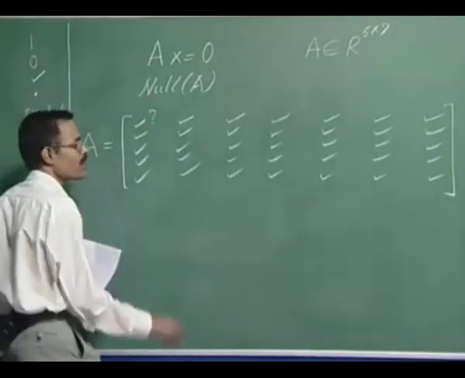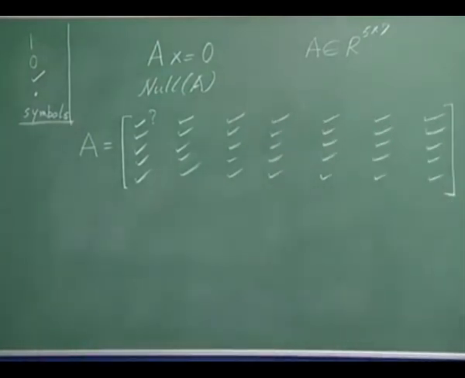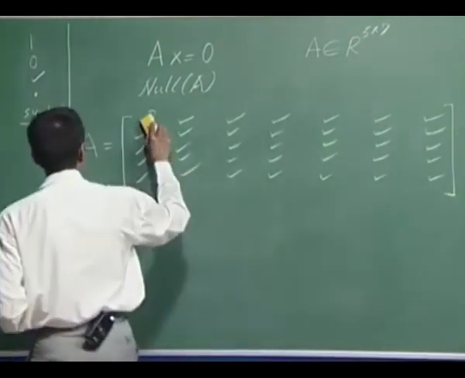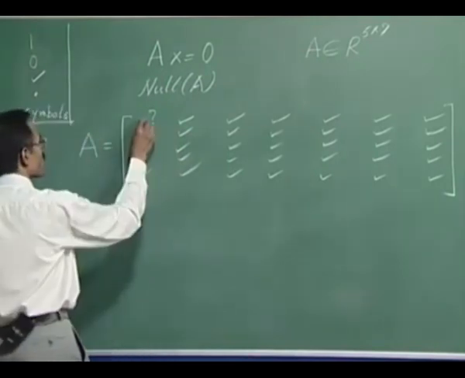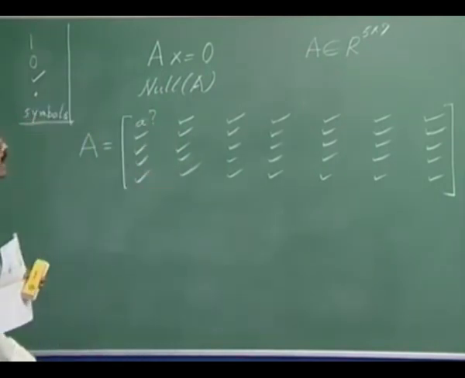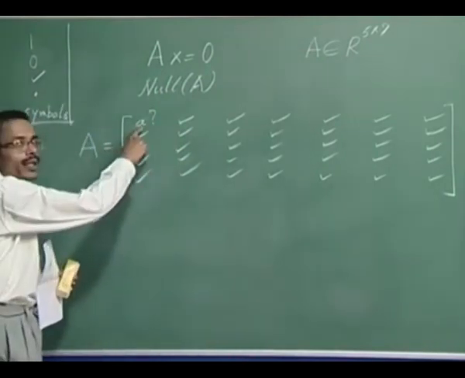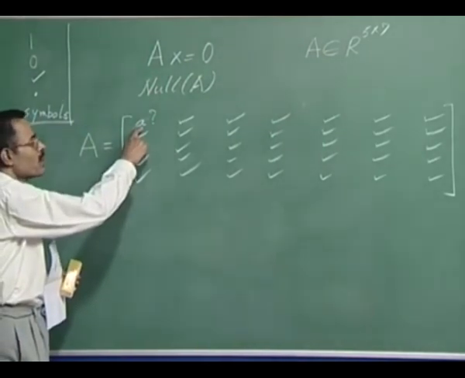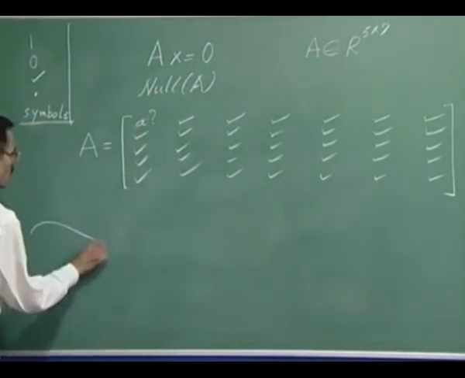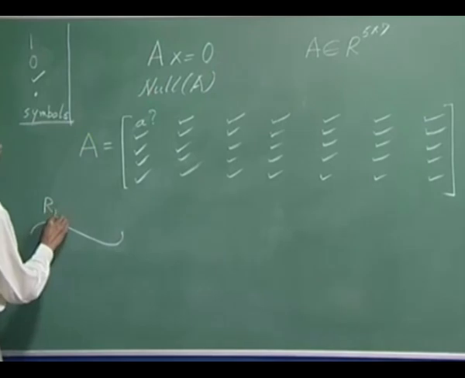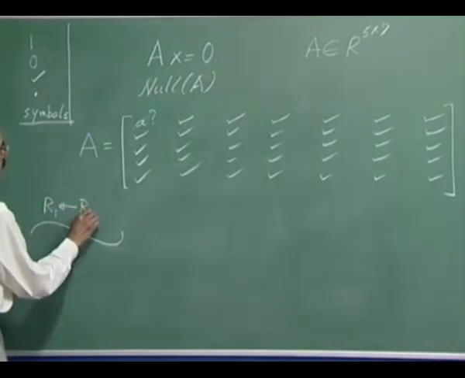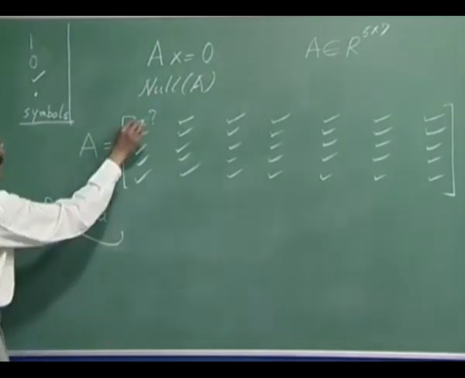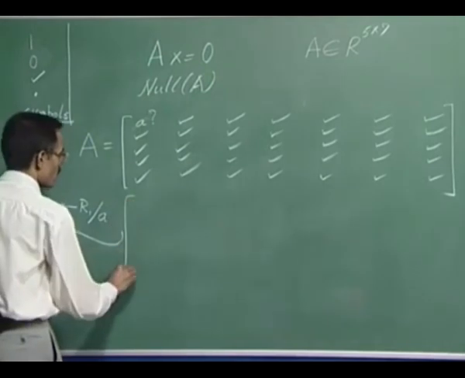So, for this entry, for the time being, we give a name A, and then we wanted a 1 here. So, we apply an elementary row transformation, which is to divide the first row by A, that is this number. If we divide, then what do we get?